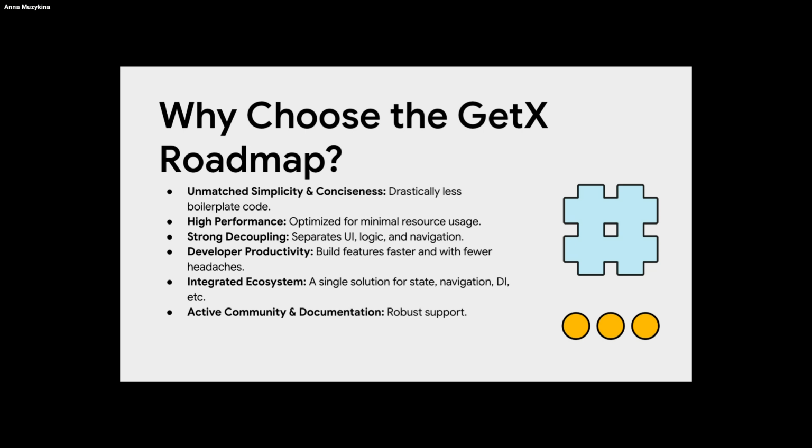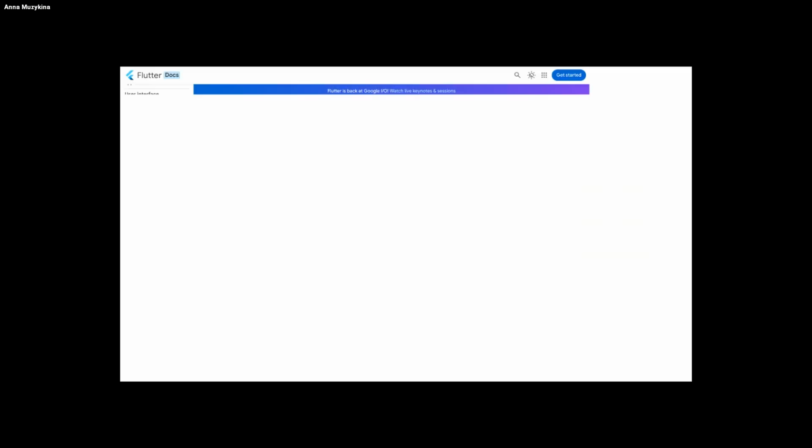However, if your project has very specific architectural requirements or if your team is already deeply familiar with another pattern, then alternatives like Bloc, Cubit, or Riverpod might be preferred.